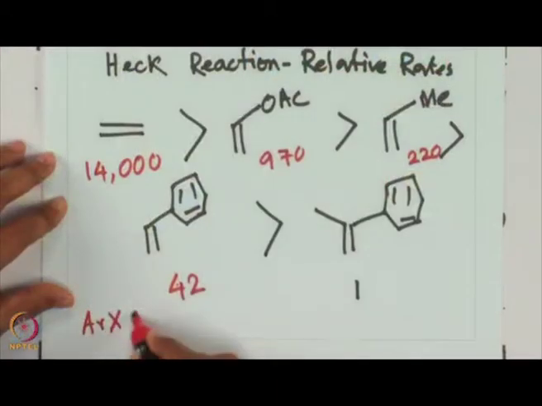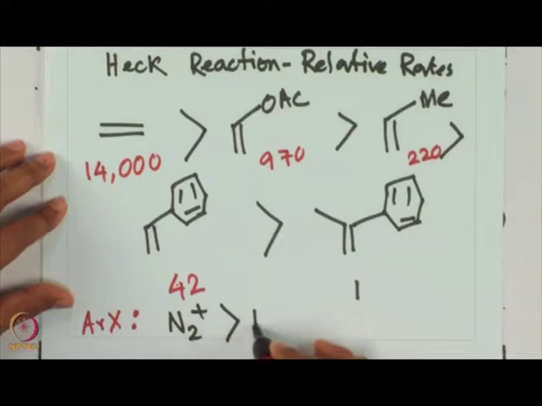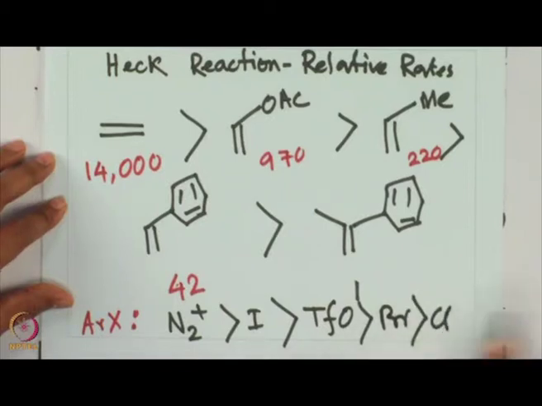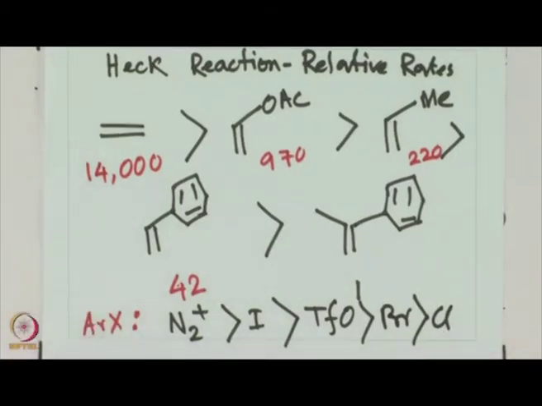With respect to aryl halide, or ArX, what we see is diazonium salts are most reactive, then iodo, then triflate, and then bromo, and then chloro. Of course, this is quite what we would expect, similar to what we have seen also in the oxidative addition pattern.